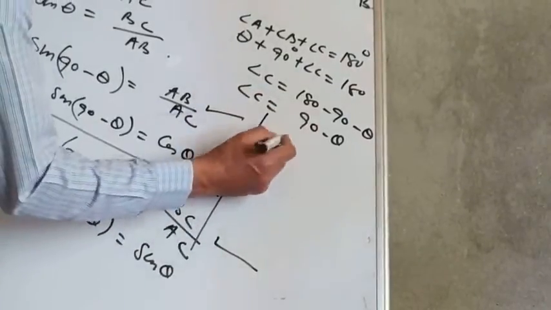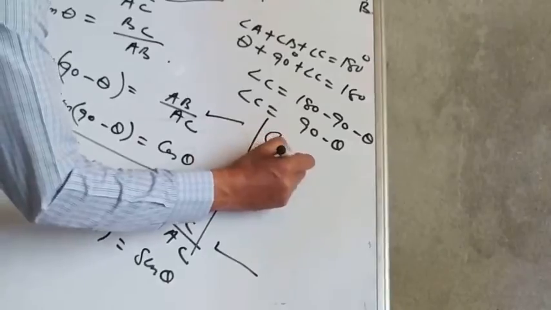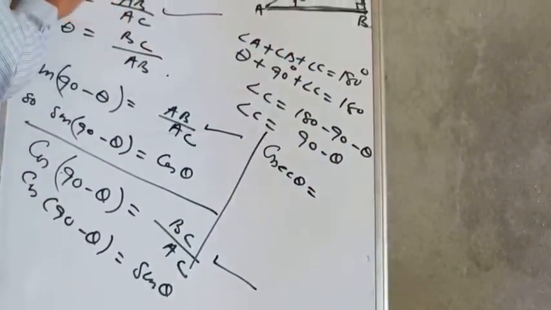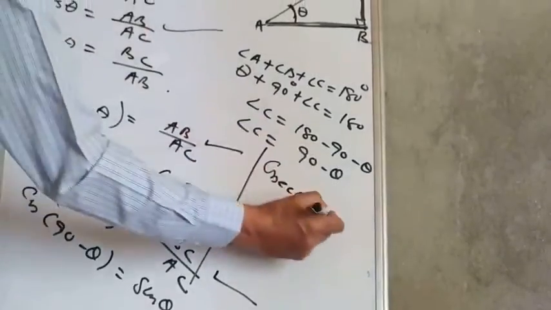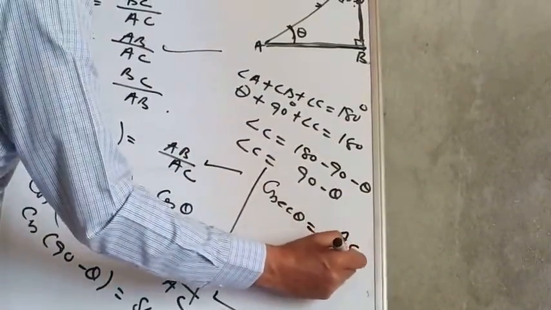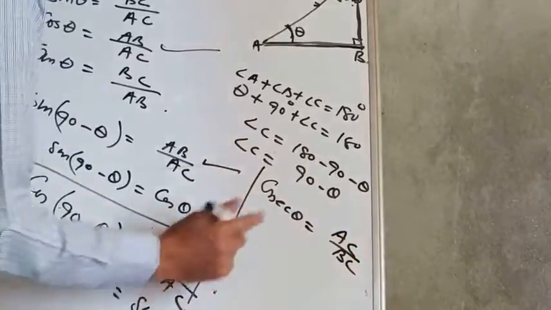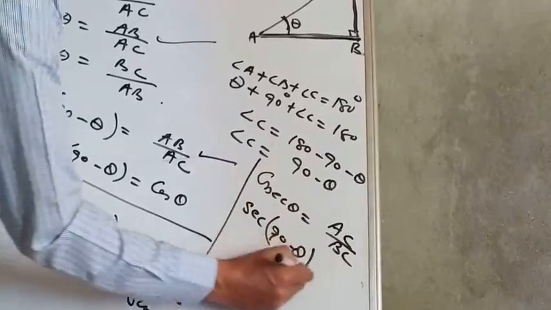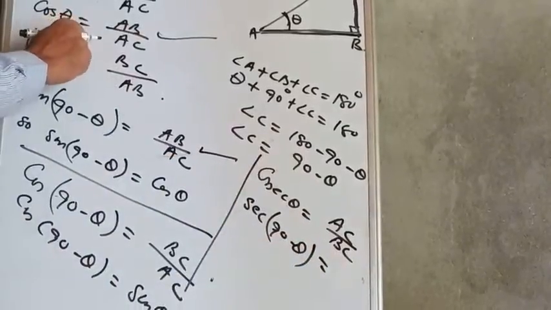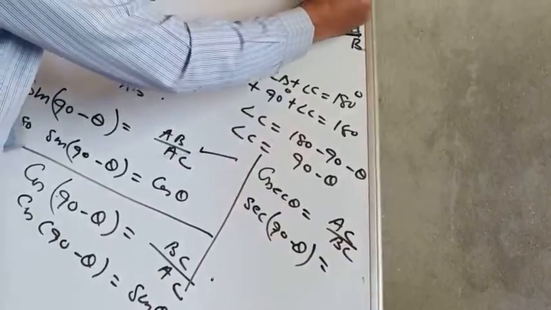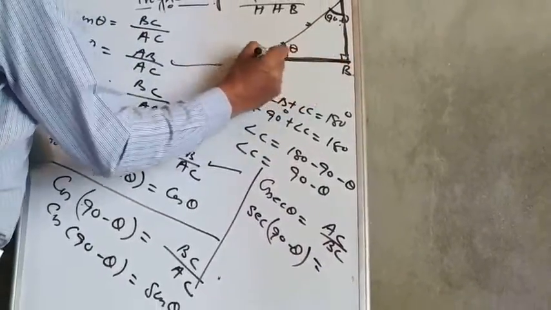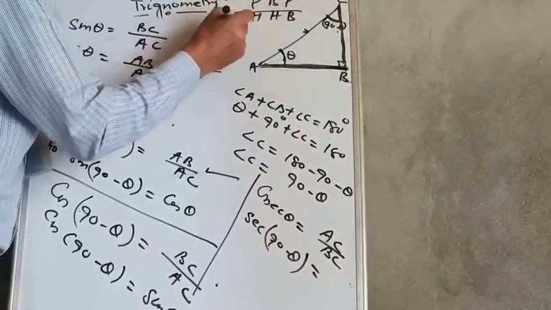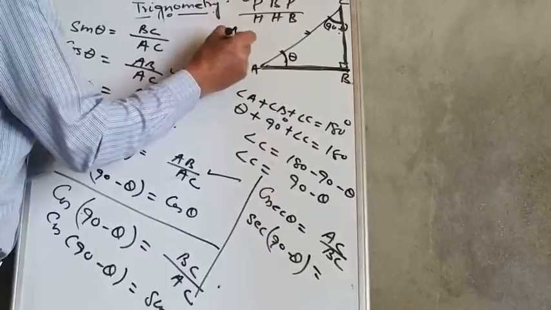Similarly, what is cosec theta? Now let us check here. Cosec is the reciprocal of sine. Sine is BC by AC. What is cosec? It is AC by BC. Now, what is sec(90 minus theta)? Sec is a reciprocal of cos. Cos is base by hypotenuse, and the base is here BC, so cos is BC by AC.